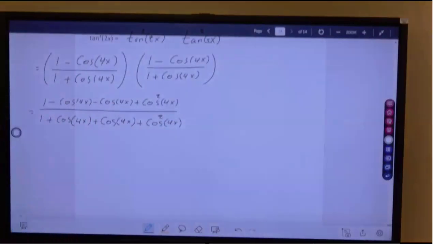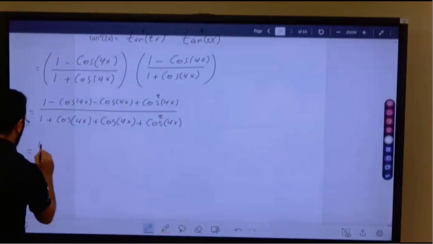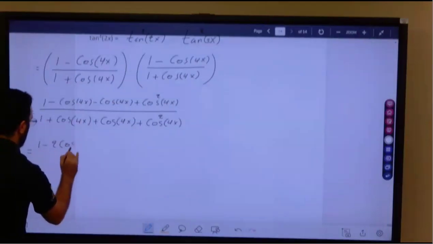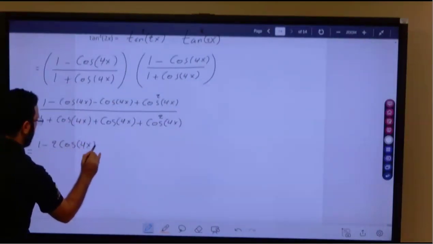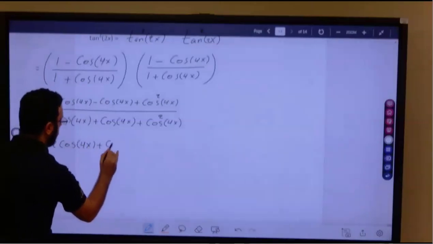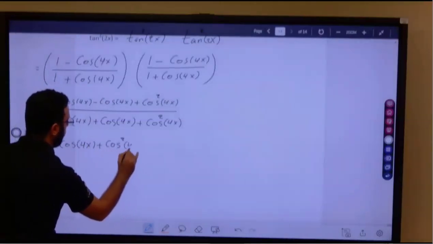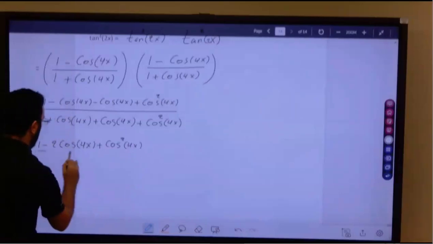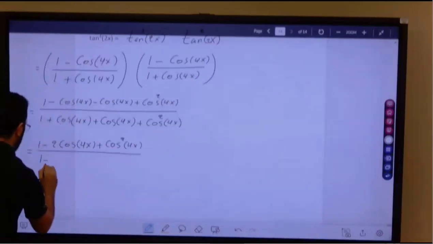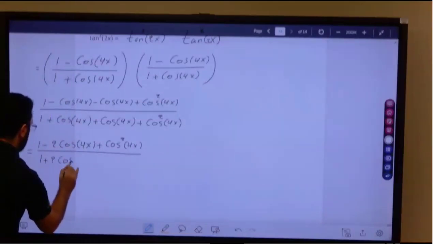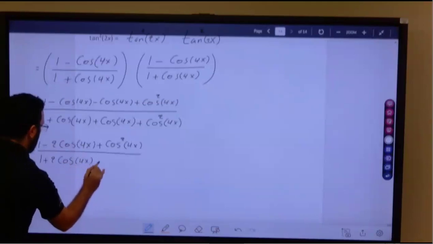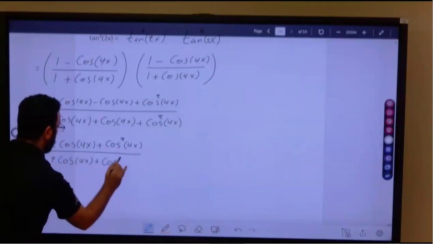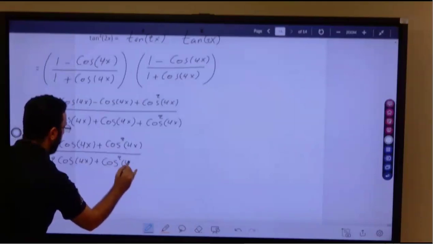Now, next step, combine the like terms. So this is going to be 1 minus 2 cosine 4x plus cosine squared of 4x, divided by 1 plus 2 cosine 4x plus cosine squared of 4x.